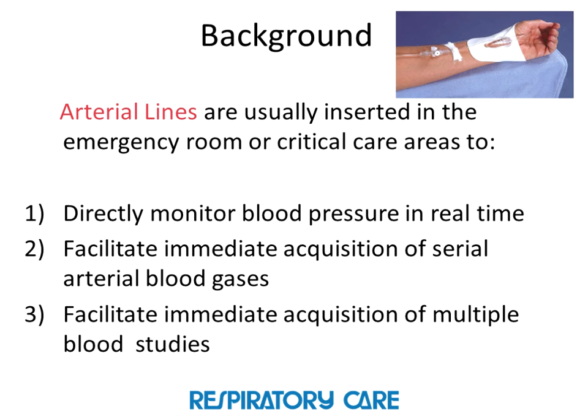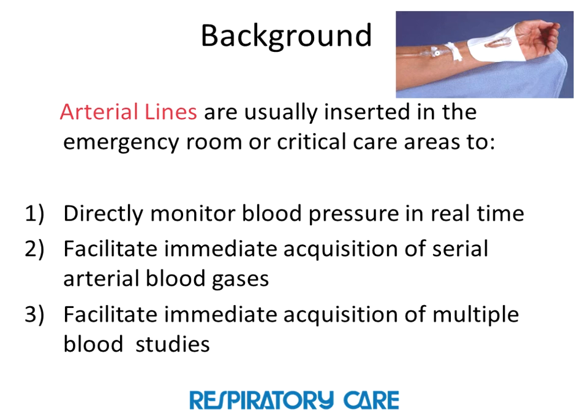Most often, I believe, to facilitate immediate acquisition of serial arterial blood gases when we know we're going to be doing blood gases for some period of time. And number three, to facilitate immediate acquisition of other blood studies as well.